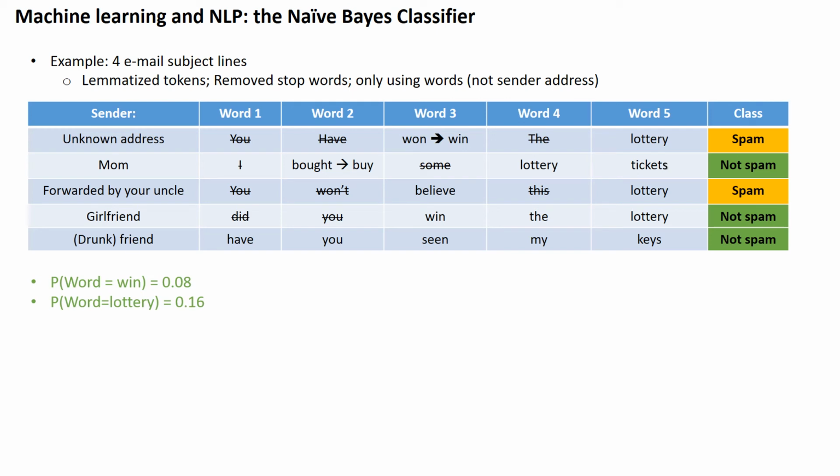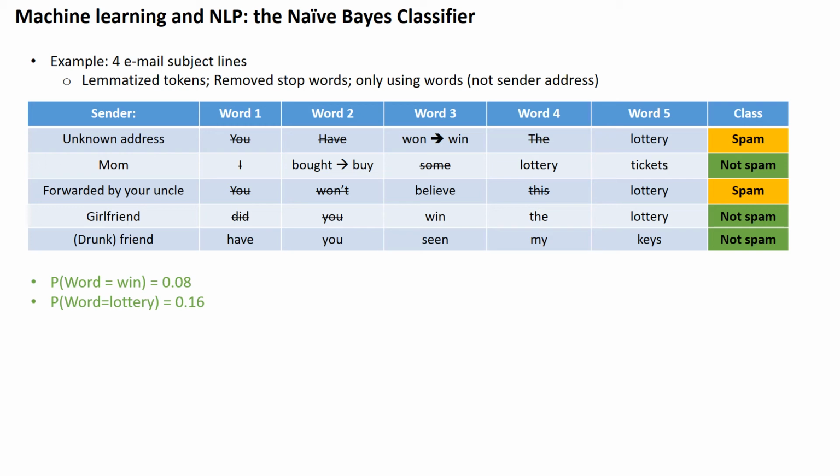So we start off with calculating the probability that the separate words occur. We will just take the first example here from the unknown address, right? So the probability that the words win and lottery occur. So win only occurs two out of 25 times, which comes down to a proportion of 0.08.